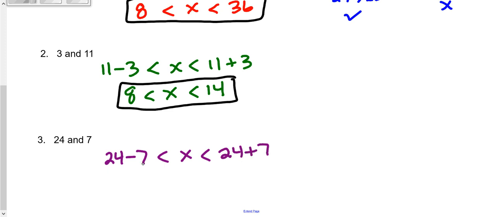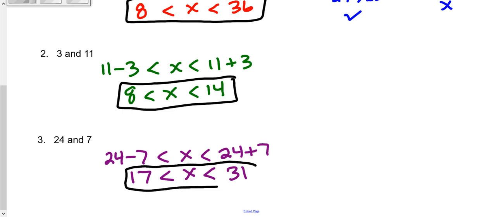So 24 minus 7 is 17, less than x less than 24 plus 7, which is 31. And that is your final answer. You don't have to do anything else. That's if they're asking you to find the range of the third side. If they say find the range for the third side of a triangle, that is your clue: I'm subtracting, I'm adding, I'm writing an inequality.